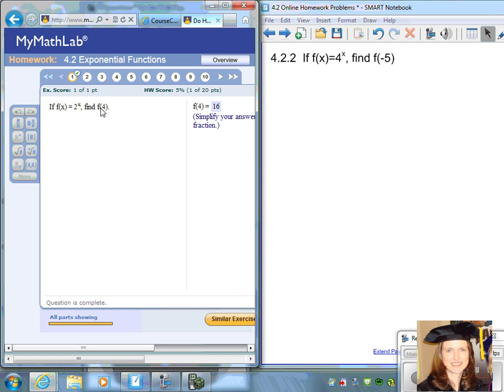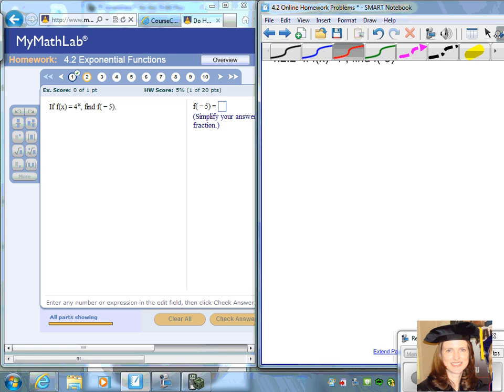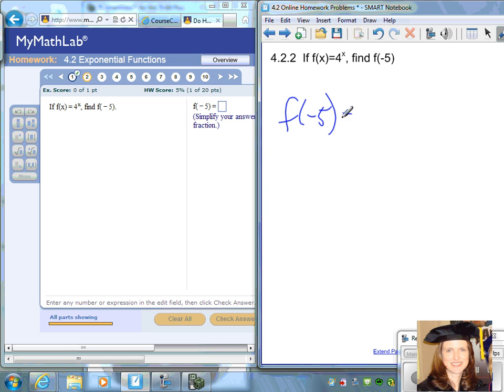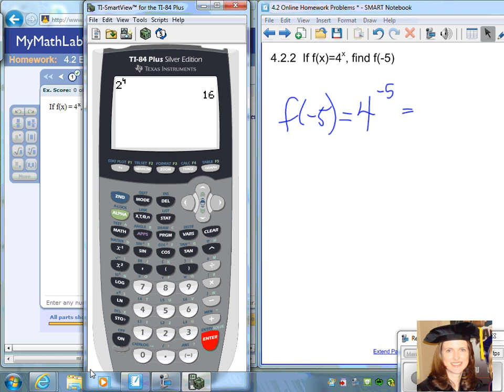For question number 2, again, we have an exponential function. In exponential functions, the variables are in the exponents. We want to find f of negative 5. We want to plug that in, so we want 4 to the negative 5 power. If you use a calculator, you're going to get a decimal for an answer.